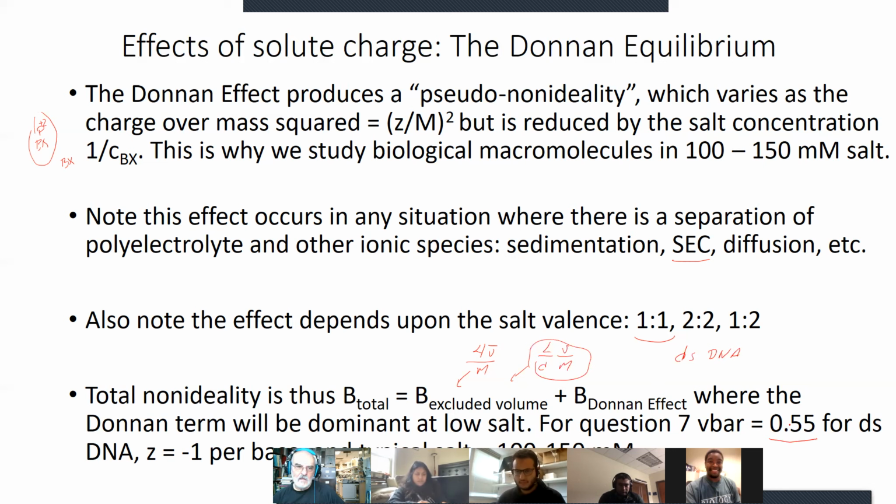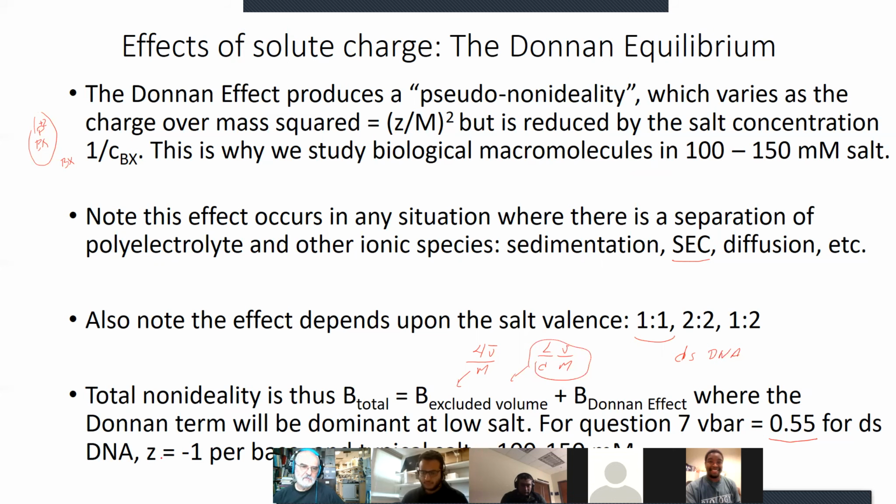Okay. The charge depends upon the number of bases. So in a double-stranded DNA, depending on the length of the oligonucleotide, the charge will be -2 times the number of base pairs. All right, so that's where the total charge will come from. And then the question doesn't give it to you, but typical salt will be 100 to 150 millimolar. So you should use V bar 0.55. You should use salt of something like 100 millimolar. Okay.